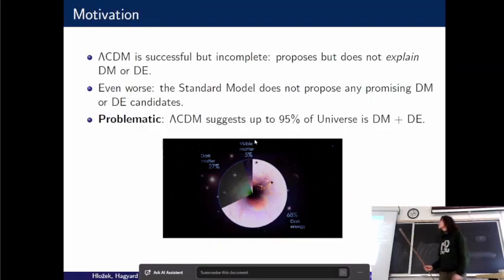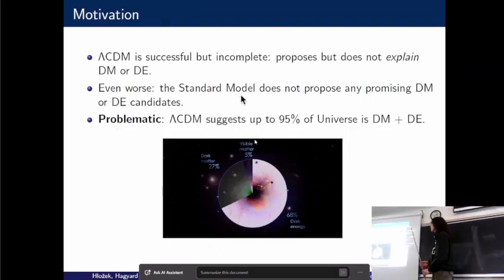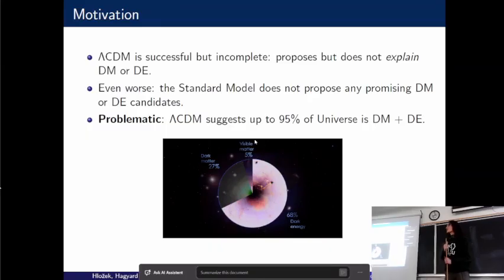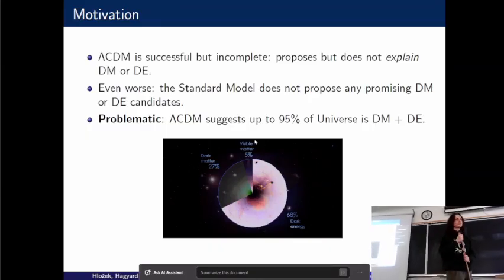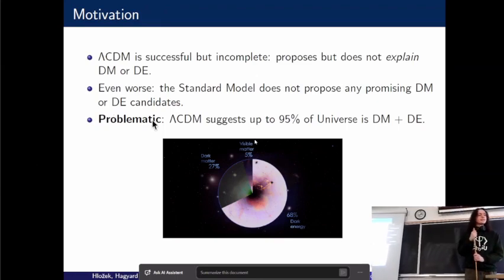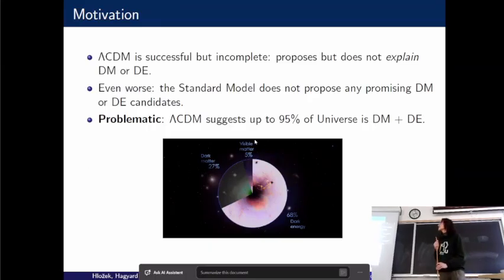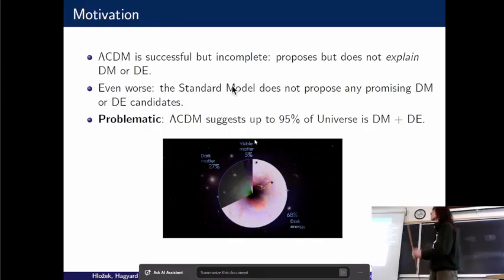Qualitatively, dark matter and dark energy are believed to drive what's known as cosmic inflation, which is the expansion of the universe. And unfortunately, the standard model of particle physics does not suggest any promising candidates for dark matter and dark energy.